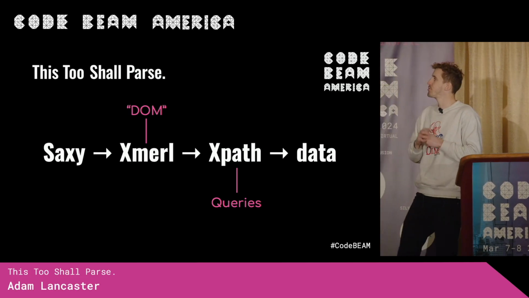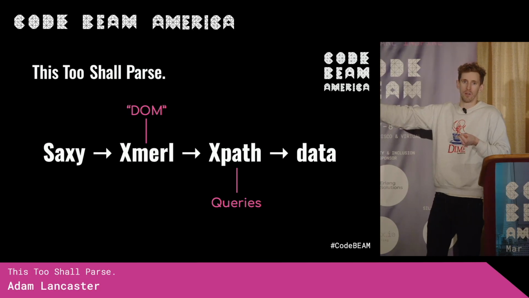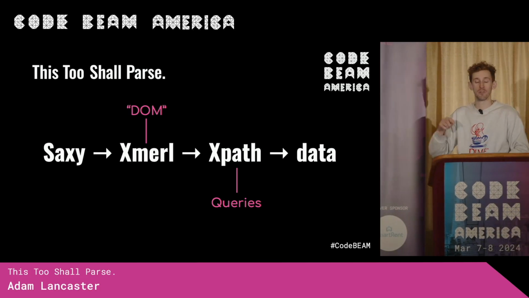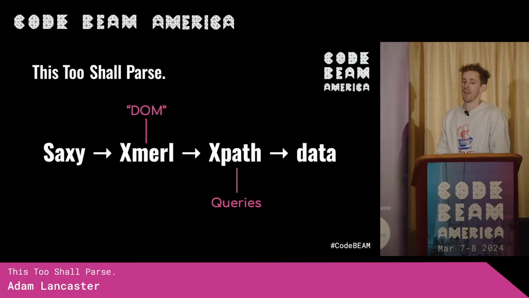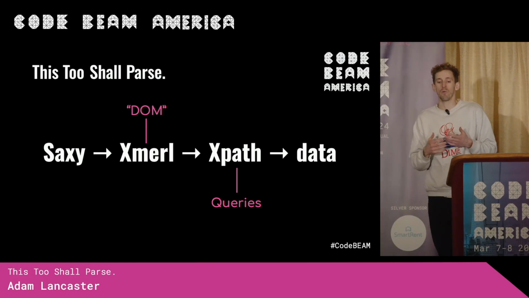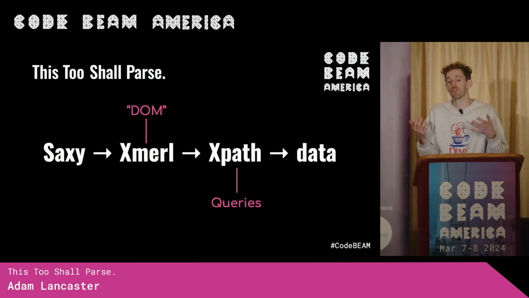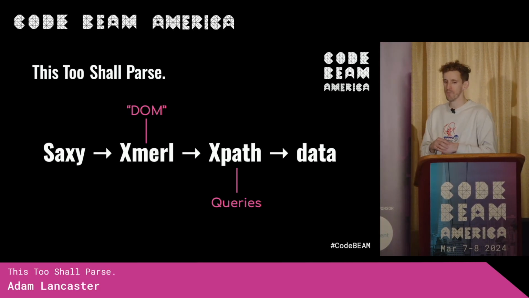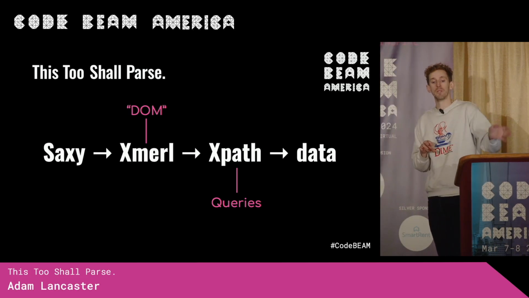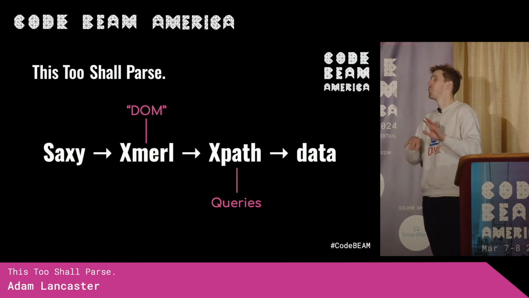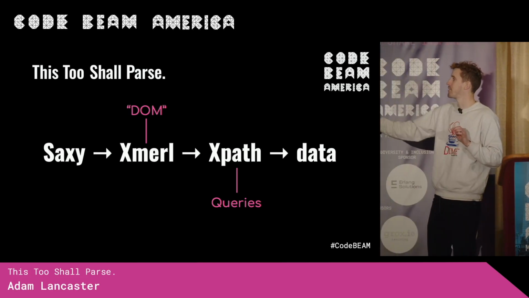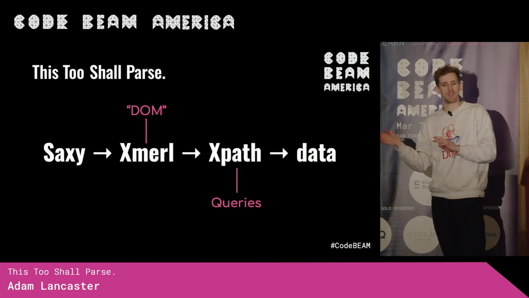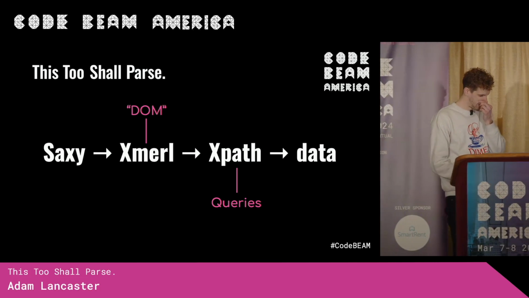The structure we use for that DOM is XML. This is built into Erlang, actually, interestingly. So Erlang ships with functions to create and query, manipulate that XML, which is basically a tuple-based structured representation of XML, right? So Saxy would happen, we'd build up this DOM, then we would apply XPath queries to that DOM to extract the data that we wanted from it, right?